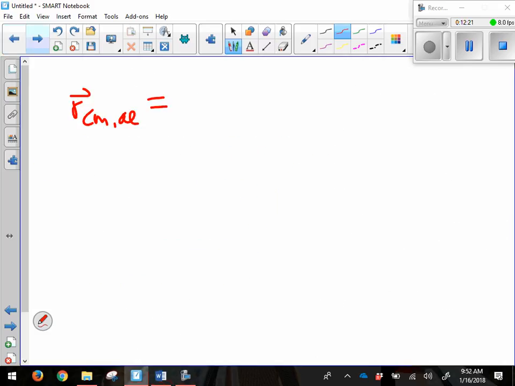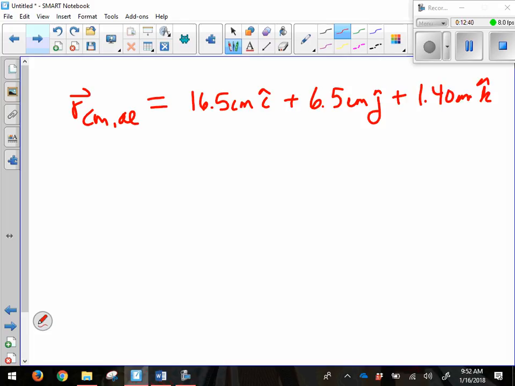Yep, so it'll be 16.5 centimeters i. Right, I don't have to, my j value will be the same. And my k value will be the same too, because I don't have that extra width of a slab when I'm talking about my y and z directions. Right? What else do I need?